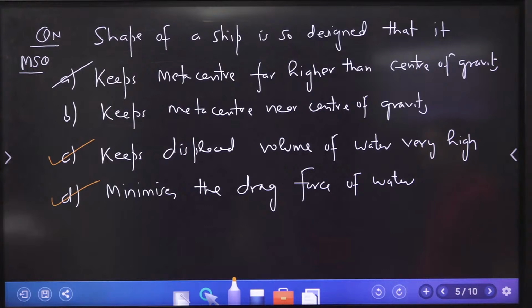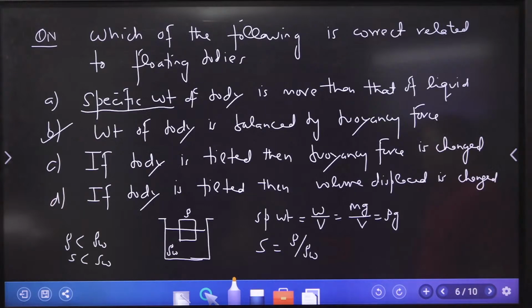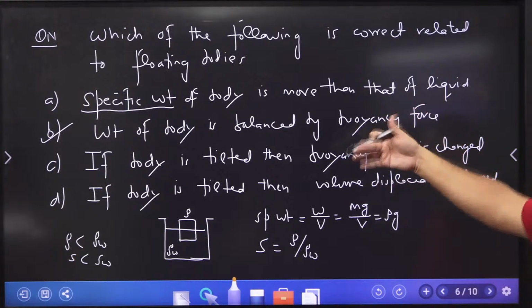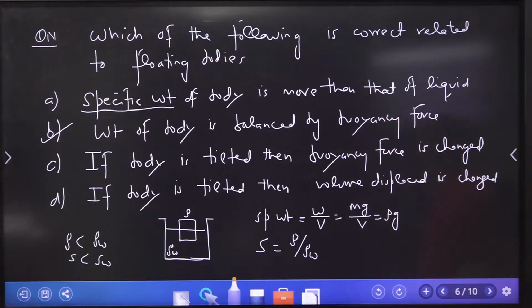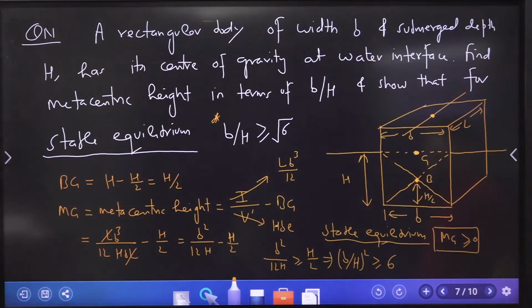Then some more questions: how do you design a ship, and what is the correct statement related to floating bodies? Some theory questions. And stable equilibrium: what is the condition for stable equilibrium? That is what we did.